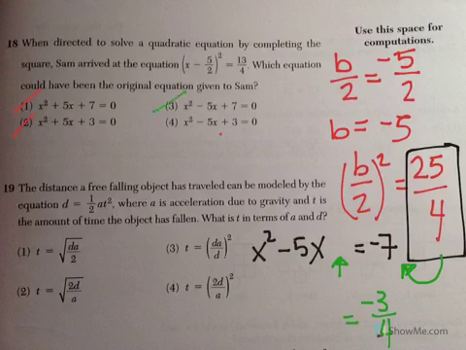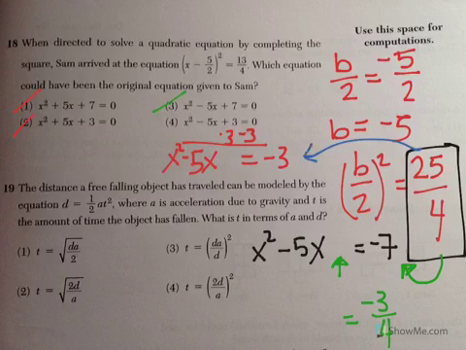If we subtract 3 from both sides, we're left with x squared minus 5x equals negative 3. And when I add my 25 over 4 to both sides of the equation, I will end up with, on the right-hand side, 13 over 4, which is what I want. So that is choice 4.